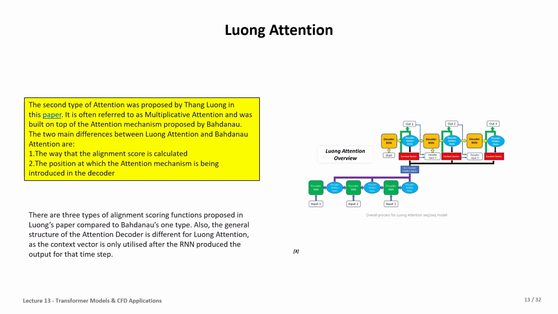Here we can see the difference between these two attention mechanisms which were proposed, and we will continue to see how we use the transformer model based on this attention mechanism.